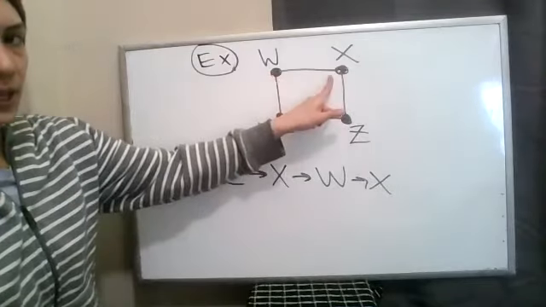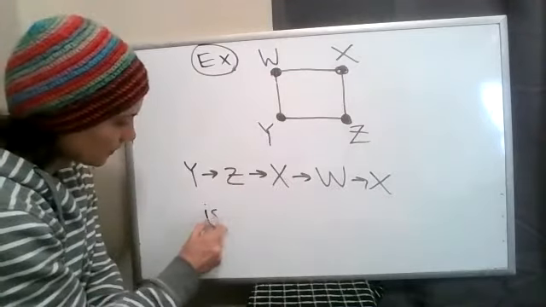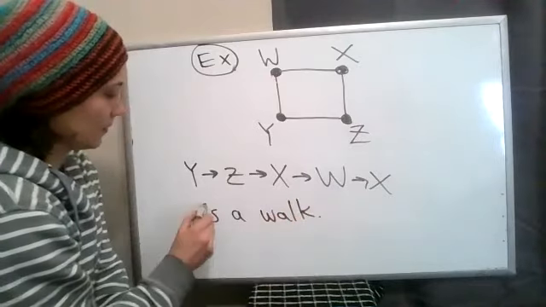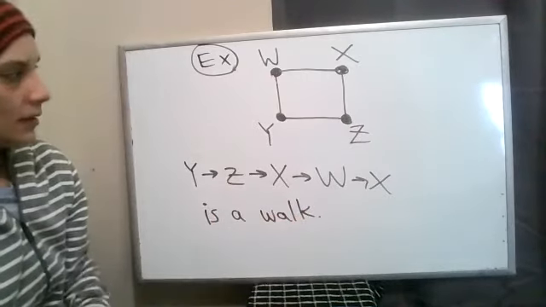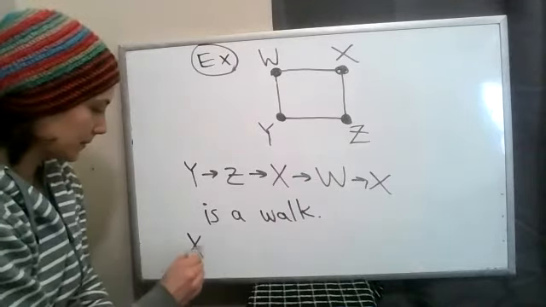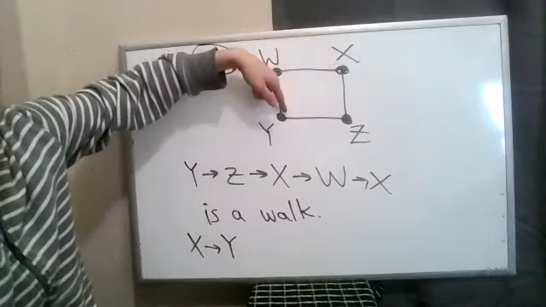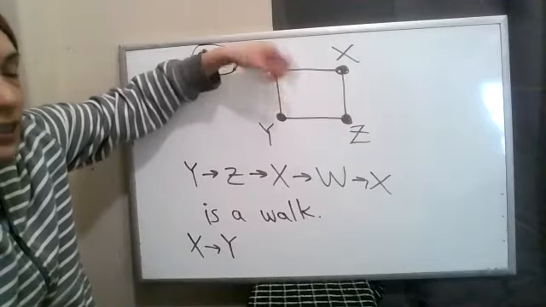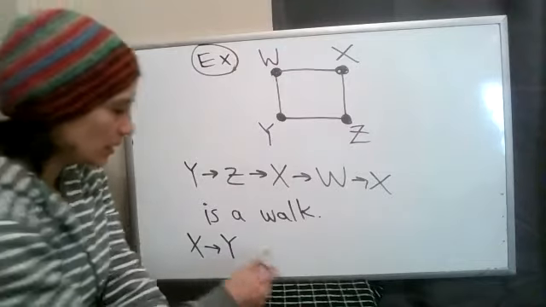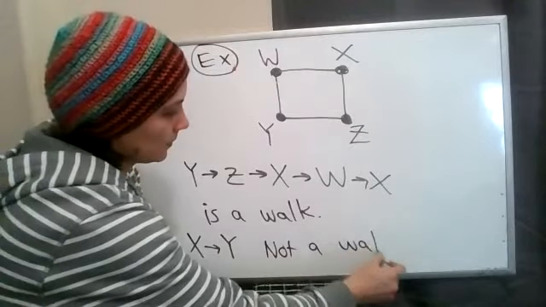So we reuse this edge, which means this would be a walk. All right, let's do X, Y. So here to here, there's no connection, which means it's not a walk, which also means it won't be a path or a circuit. So not a walk.